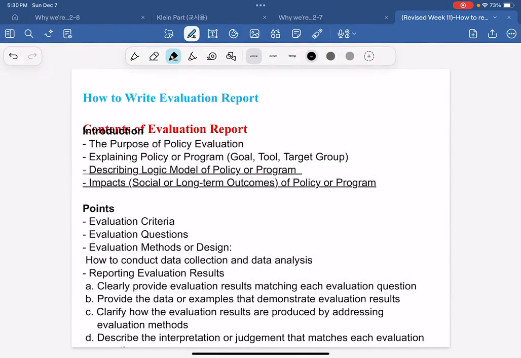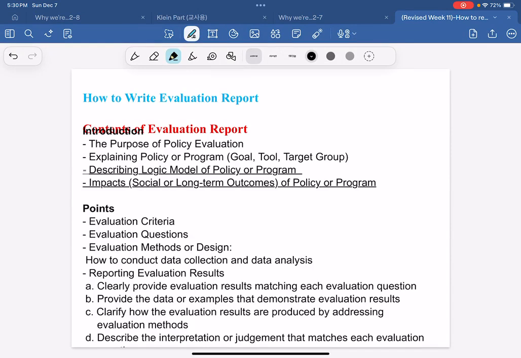And after summary, the introduction should be written, and then introductions should include the purpose of policy evaluation, and the introduction should explain what the policy is, what kind of programs are evaluated.